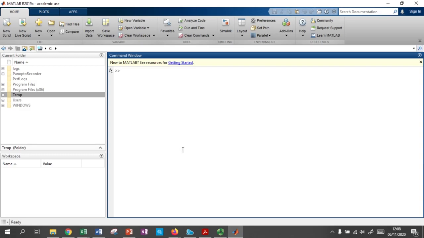Now you would like to use Simulink in order to solve the equations. As you can see here, this is Matlab version 2019A, and the Simulink icon you can find in the top bar, where all of the icons are available. One of them is Simulink.